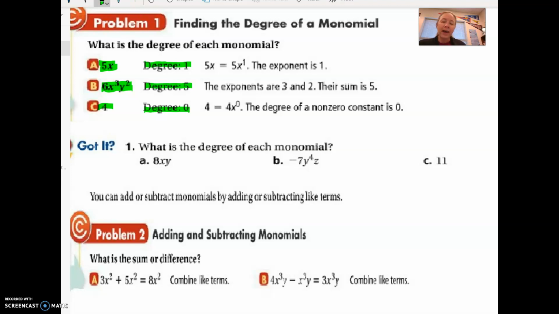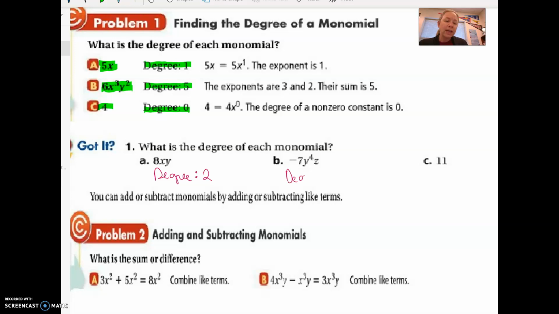So here we have a monomial, and we would say this is x to the first and y to the first. So we would say that it has a degree of 2. 1 plus 1 for our exponents. The next one here, we have 4 for an exponent and a 1, z to the first.